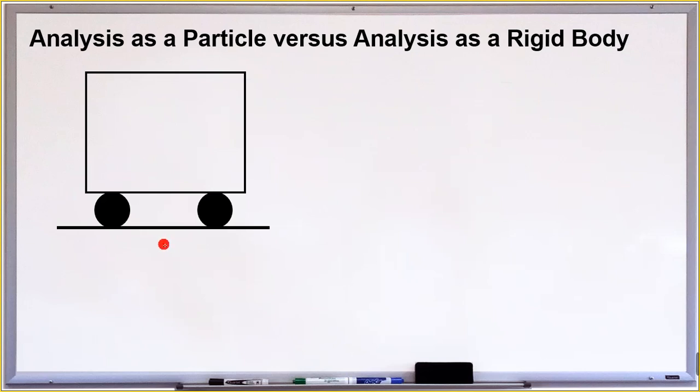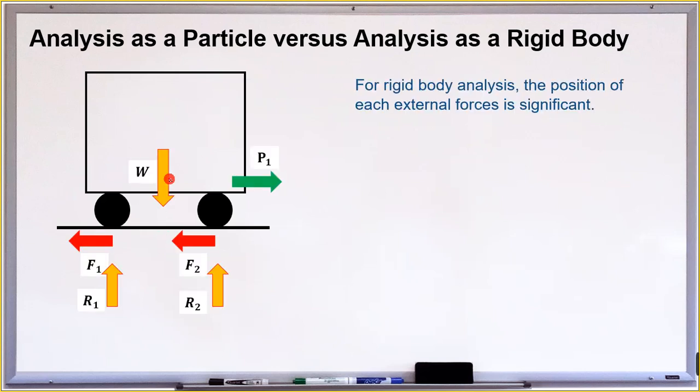So this is how you're going to perform the analysis wherein we treat our object as a rigid body. First, of course, we're going to consider all the external forces that interact with our rigid body. Okay, so this is now a rigid body, not a particle. So we consider all the external forces that are available.